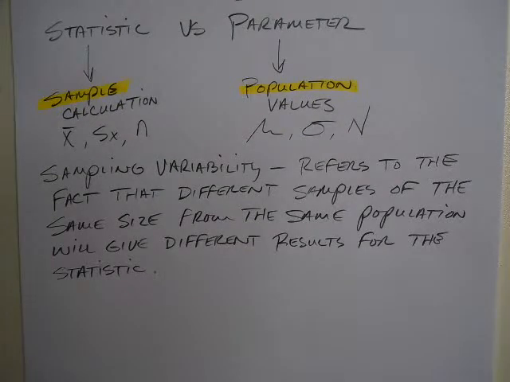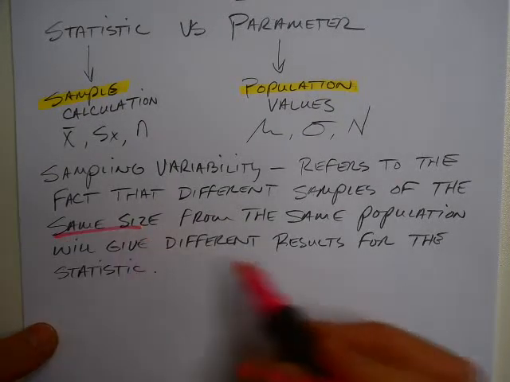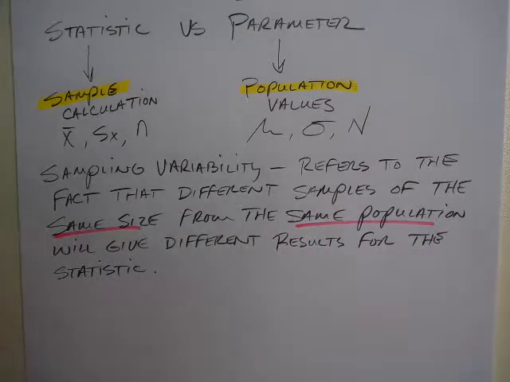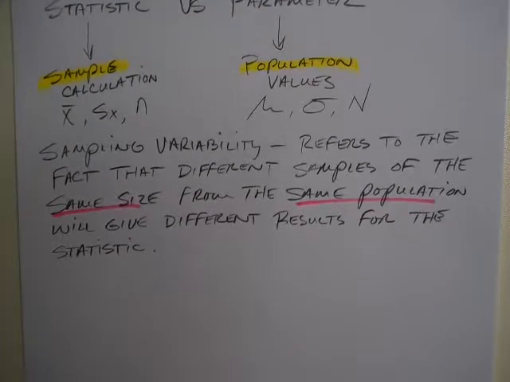Two real key things in here are same size and same population. Those are important. All right. So everybody's good with sampling variability, right? That makes sense? Okay.